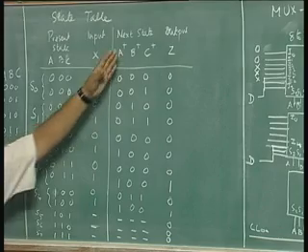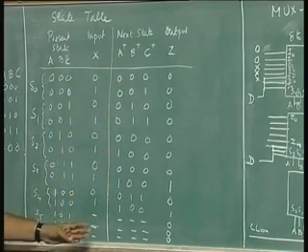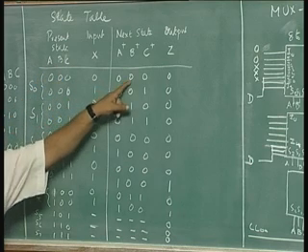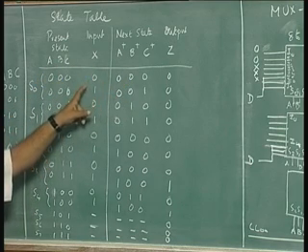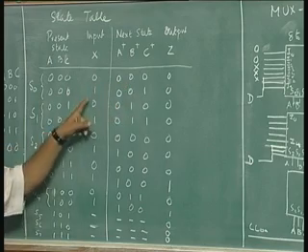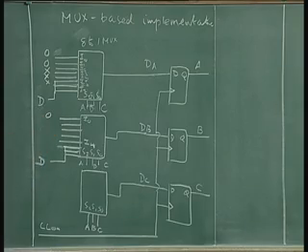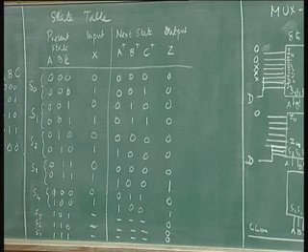Now, we have to look at the second column, flip flop B column. Present state is 0, 0, 0, next state is 0 irrespective of the value of X. X is 0, next state is 0, X is 1, next state is 0. Second state, circuit is in S1 state, and you want to find out the next state of the flip flop B. It is always 1.